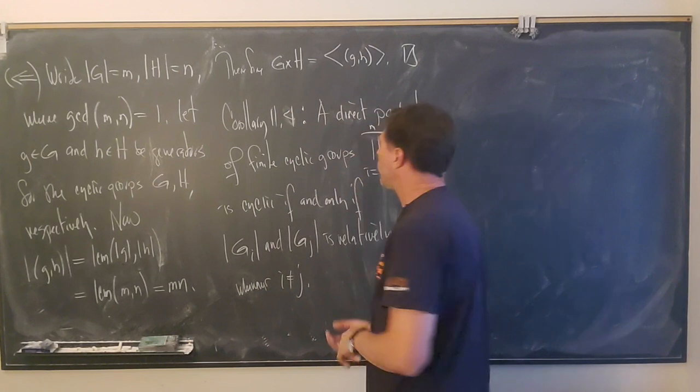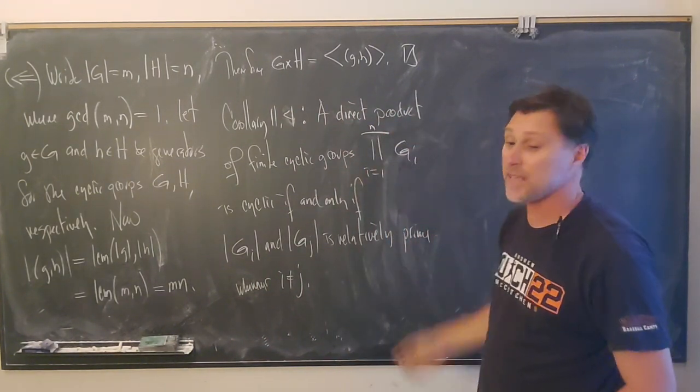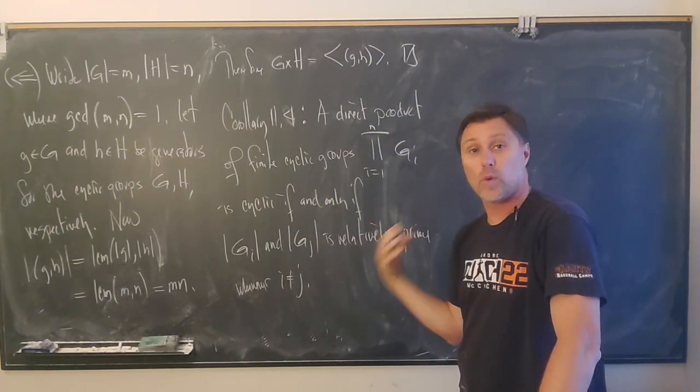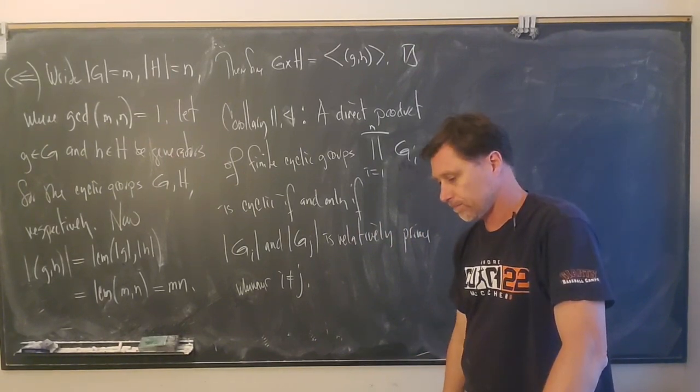In other words, we need our cyclic groups, the G sub i, to have pairwise relatively prime orders.